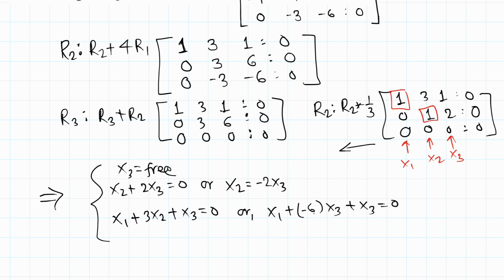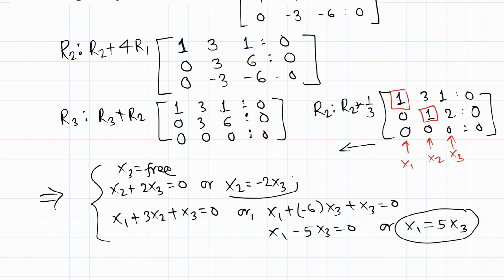This is basically -6 x3 plus x3, which means -5 x3. Now isolate x1, so add 5 x3 to both sides. Now we have x1 and x2 in terms of x3, and x3 is free. So all the solutions, all the x1, x2, x3, are in terms of x3.